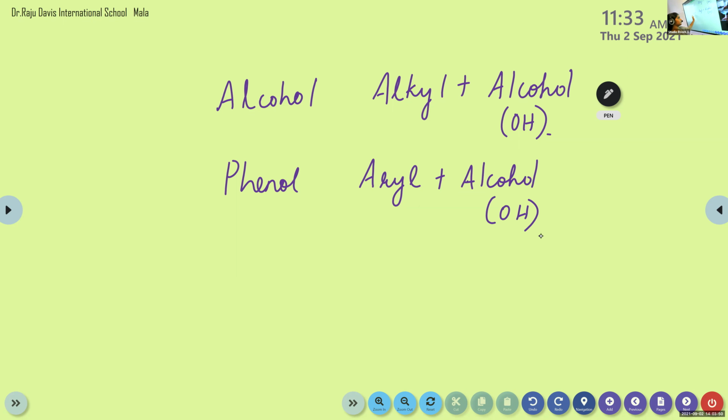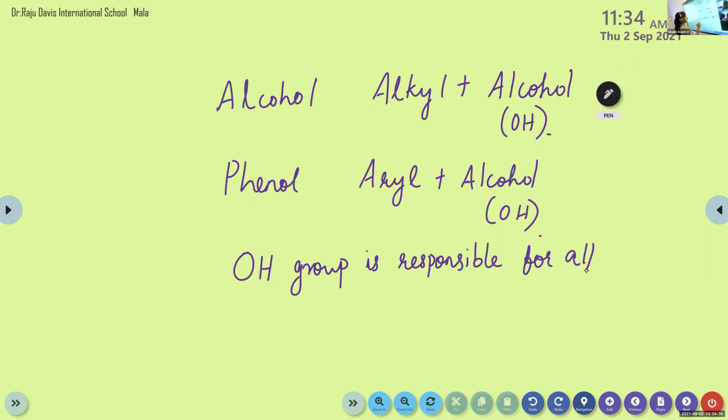In both alcohols and phenols, this OH group is the reason for their physical and chemical properties. The OH group is responsible for all the properties of alcohols and phenols.